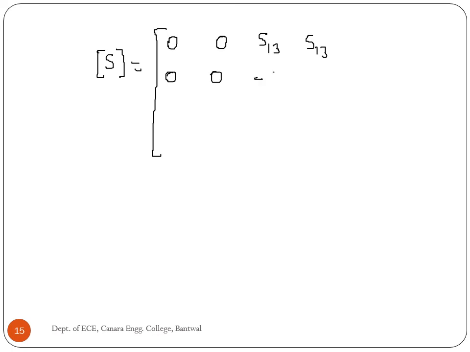Therefore, the S matrix for magic T is equal to 0, 0, S13, S14 equal to S13, S21 equal to 0, S22 is equal to 0, S23 equal to minus S13, S24 equal to S13, S31 equal to S13, S32 is equal to minus S13, S33 equal to 0, S34 equal to 0, S41 equal to S13, S42 equal to S13, S43 equal to 0, S44 equal to 0.